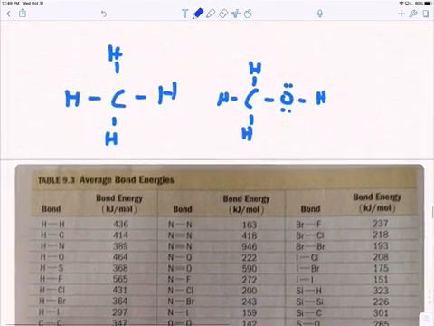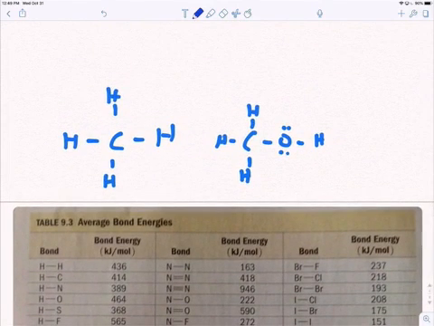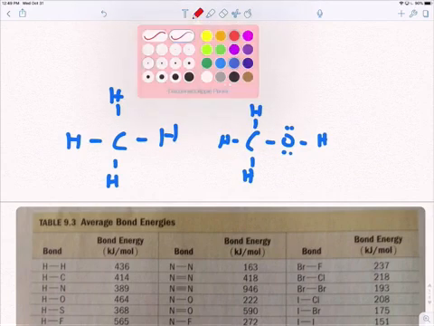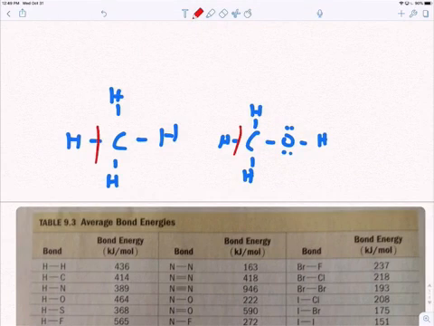For average bond energy, let's look at two molecules. If we look at the energy it takes to break these carbon-hydrogen bonds, this hydrogen is easier to break than this hydrogen. It would be much easier to rip a hydrogen off of methanol than off of methane. Why?